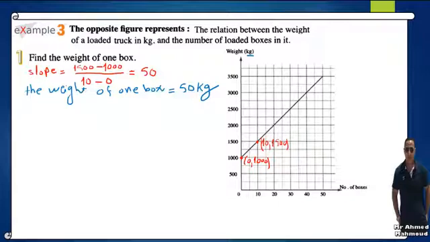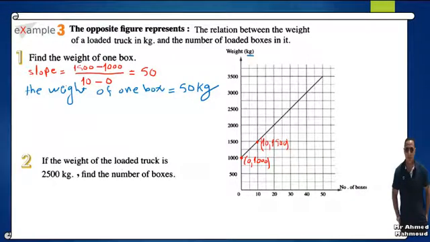Okay, the next question: if the weight of the loaded truck is 2500 kilograms, find the number of boxes. We are going to search for 2500 kilograms. Is it represented on the y or x axis? The weight is represented on the y axis, so I'm going to search for 2500.